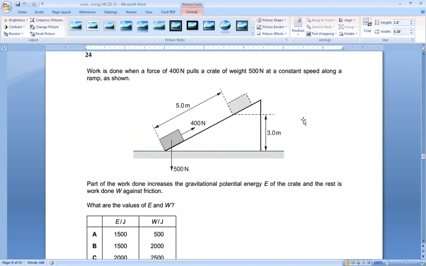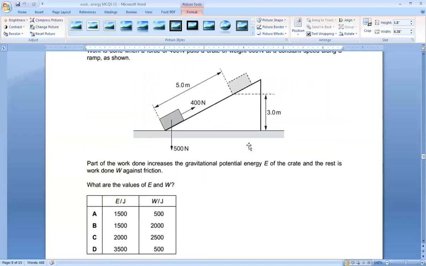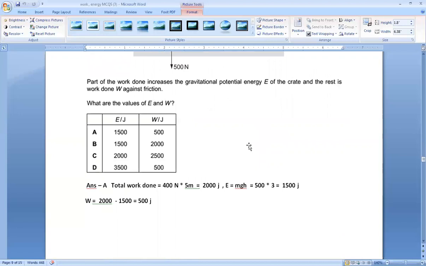Number 24, work is done when a force of 400 Newton pulls a crate of weight 500 at a constant speed along an incline. Part of the work done increases the gravitational potential energy, and some is wasted as work done against friction. What are the values of E and W? E means potential energy. The potential energy is mgh, that is 500 into 3, which is 1500 joules.